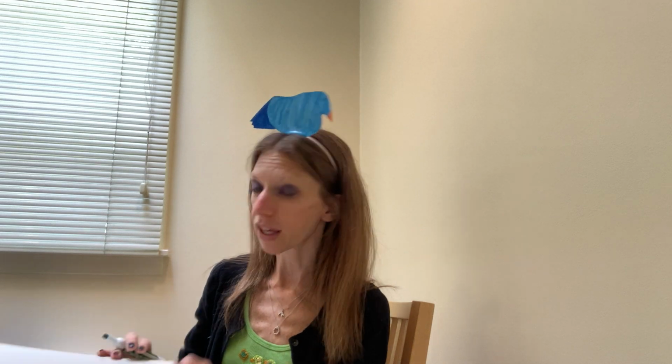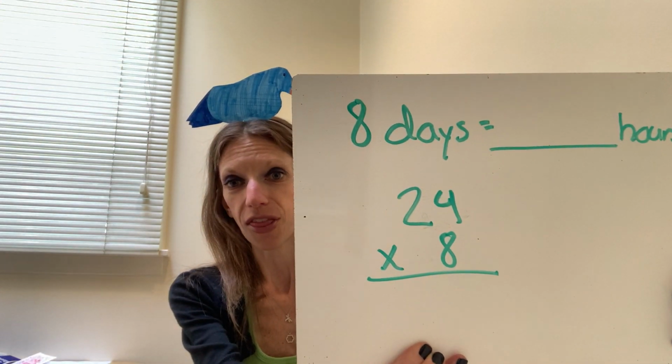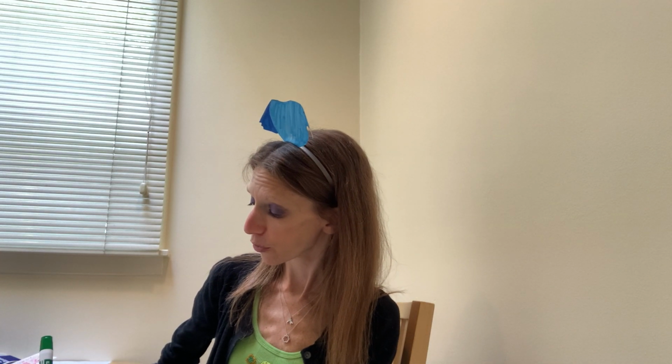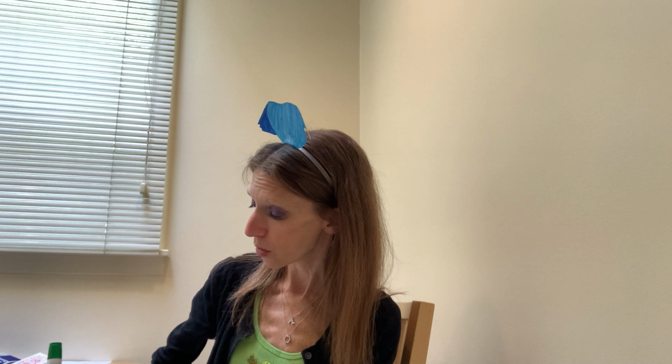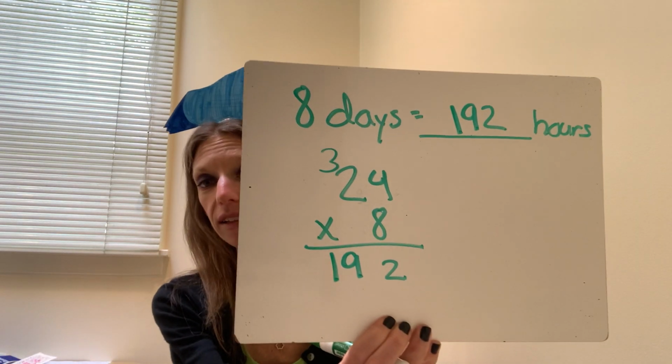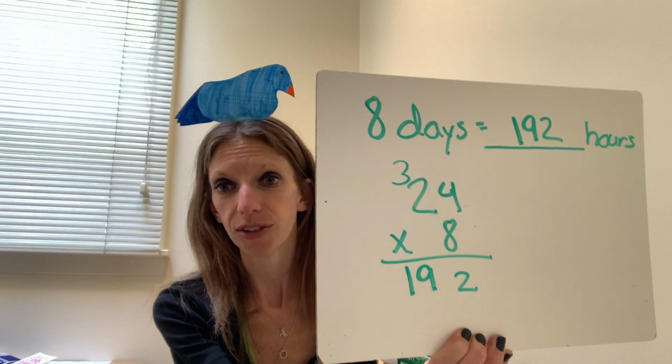We have to set that up vertically. All right, and then you guys know how to do the multiplication. You have your charts to help you. So 8 times 4 is 32. 8 times 2 is 16, plus 3 is 19. I get 192. So 8 days is 192 hours.